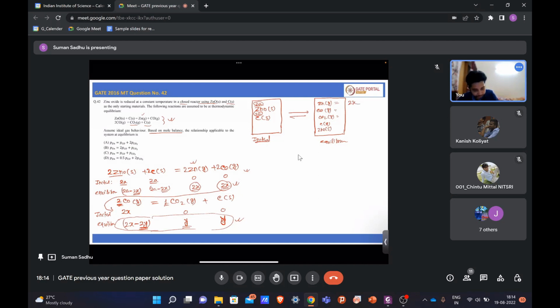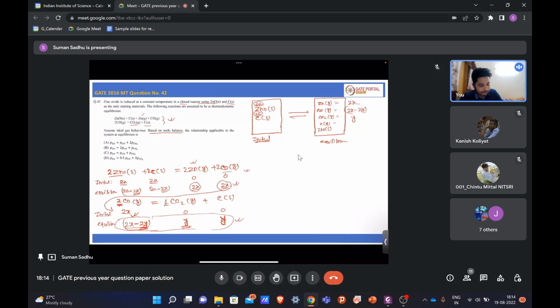Carbon monoxide is first forming here and then again it is dissociating. So we have to take the total number of moles that is present at equilibrium. So carbon monoxide is present 2x minus 2y mole, right? And how many mole of carbon dioxide is present? y mole of carbon dioxide is present.